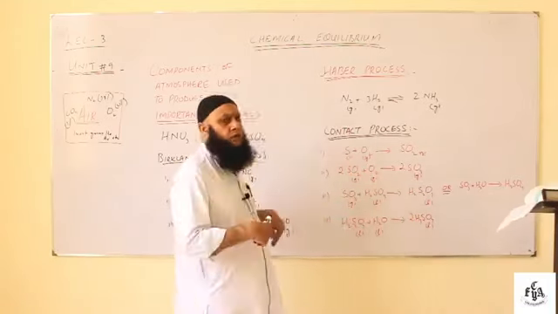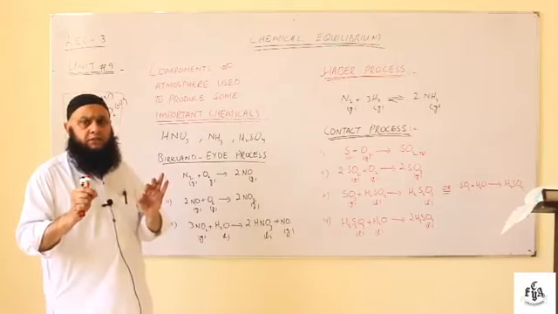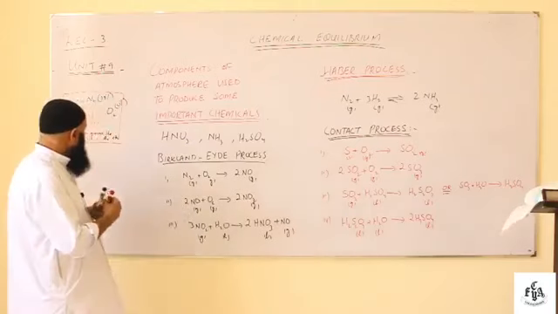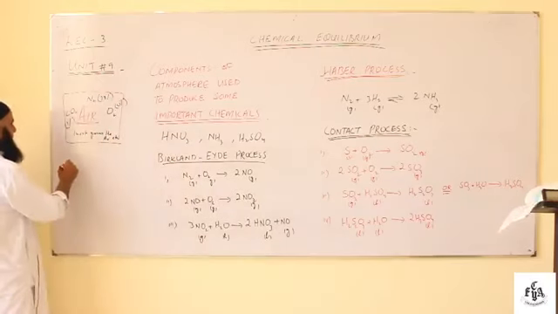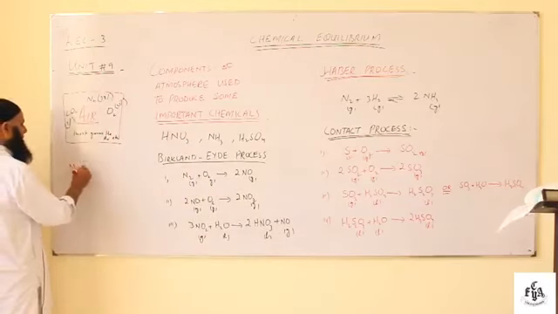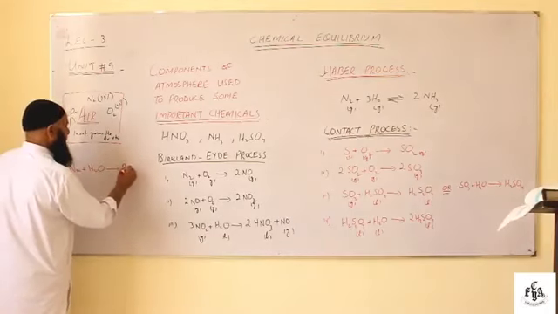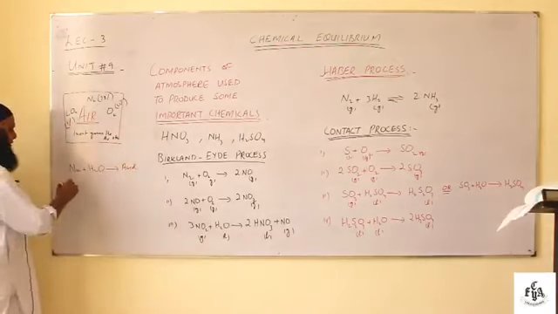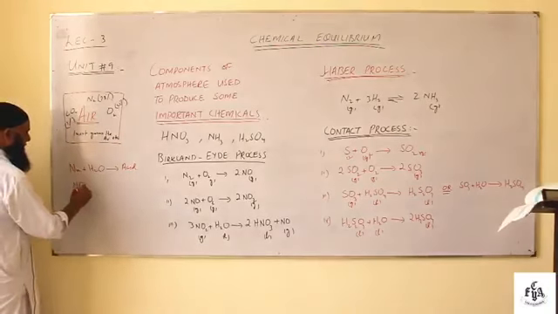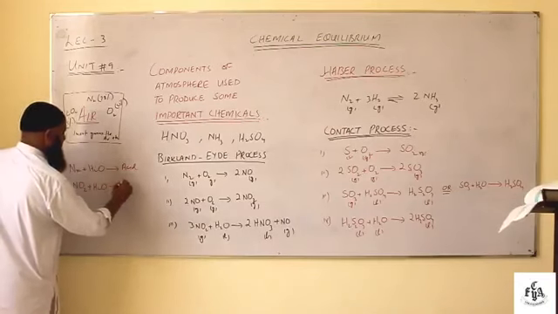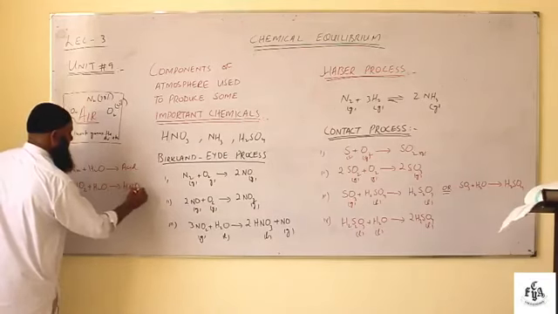First, as I told you, when a non-metal oxide reacts with water I always get an acid. For example, nitrogen dioxide reacts with water and I get nitric acid, HNO3.